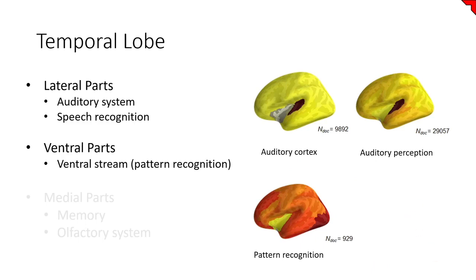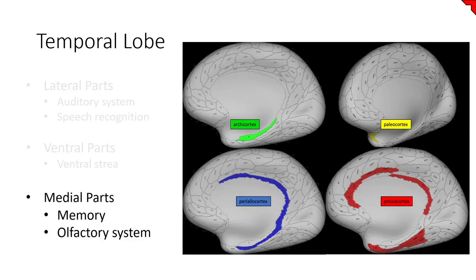And on the medial part of the temporal lobe, there's actually a lot going on, because this is a transition zone between very different types of cortices that are highly interconnected, and also the transition zone to the limbic system that Leon will talk about in a second.